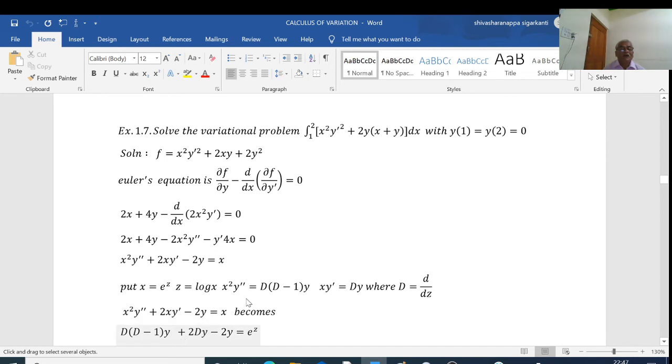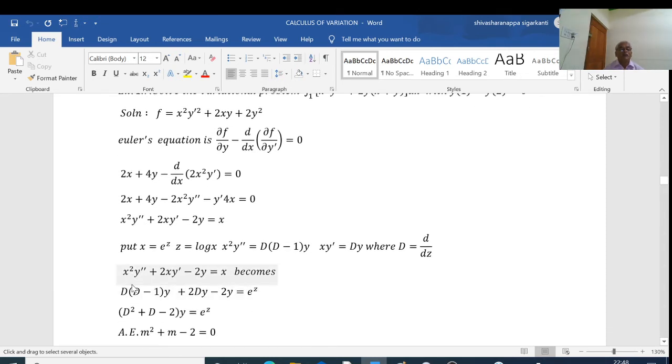And multiplying, we get D square minus D plus 2D minus 2. That is D square plus D minus 2. D square plus D minus 2 into y is equal to e to the power of z.